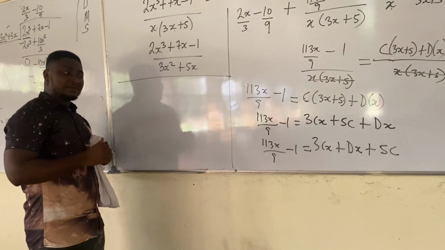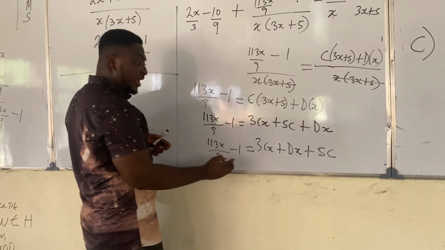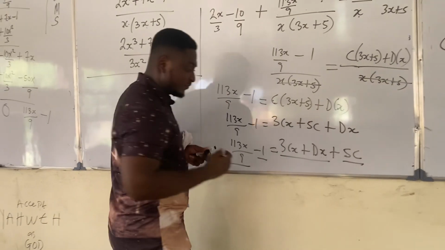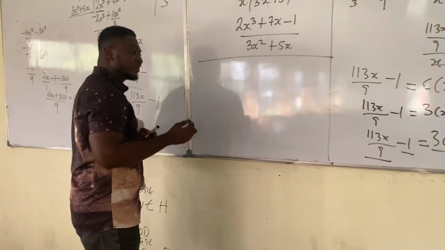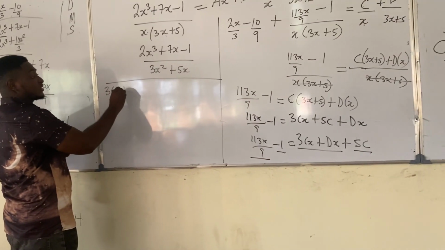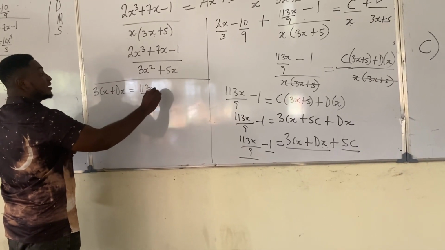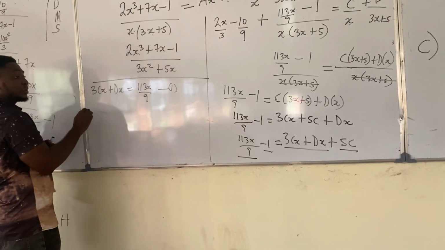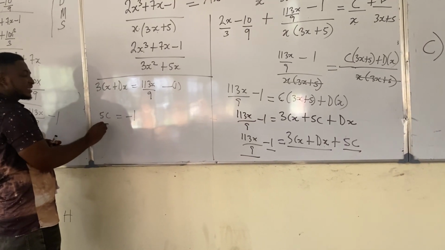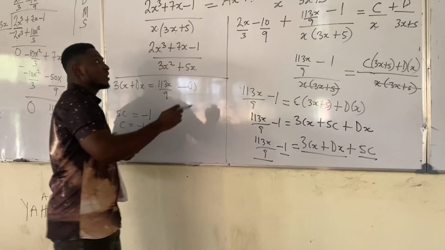Class, remember the former partial fraction I solved? I said x components equate to x components, and those that don't have x equate to those that don't have. Class, who are those that have x on the right hand side? 3Cx plus Dx must be equal to 113x over 9, equation 1, and equation 2, 5C must be equal to minus 1, so that C must be equal to minus 1 over 5.